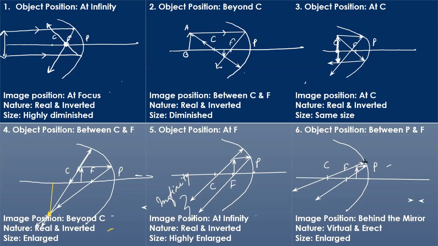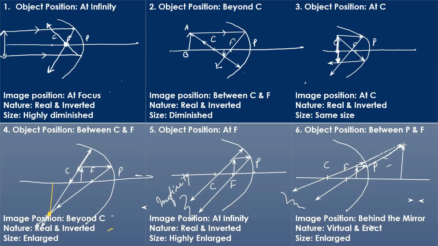Okay, if you see these two rays which are in front of the mirror, they are diverged, they are not going to meet anyhow. But if I take these rays behind the mirror, if I take dotted lines, they meet at a point over here, and now this point is going to be my image point.